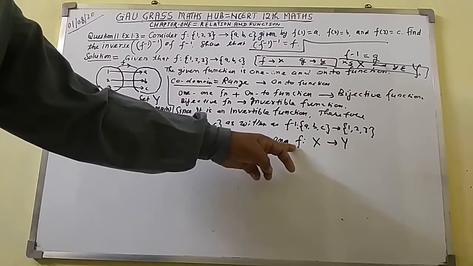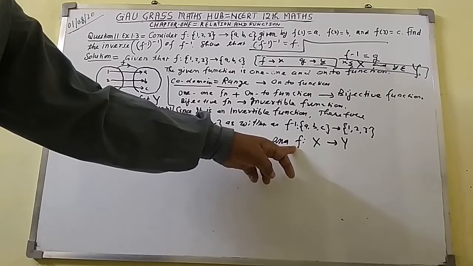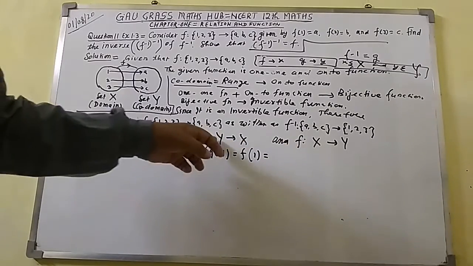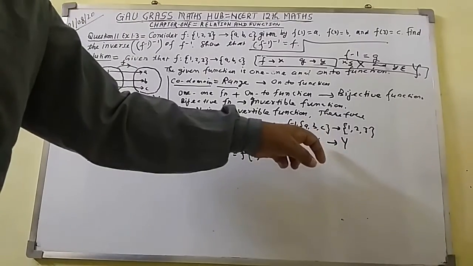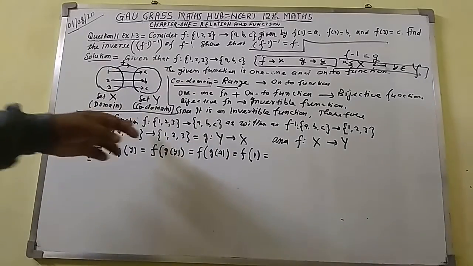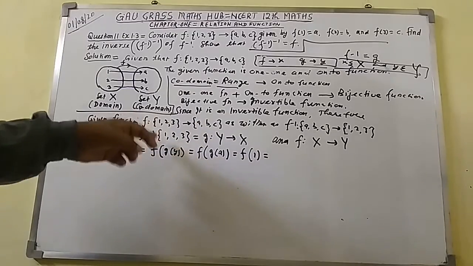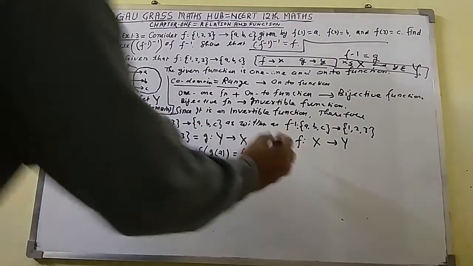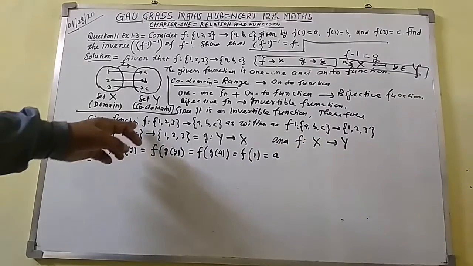F has been inverted and written as G, and this domain and range will naturally be interchanged, written as this. So I have written here F of 1. So what is the value of F of 1? You will take the value of F of 1 from here. F of 1 equals, here write small.